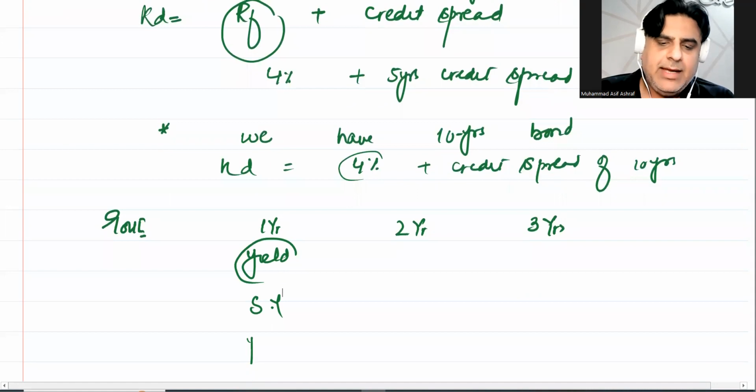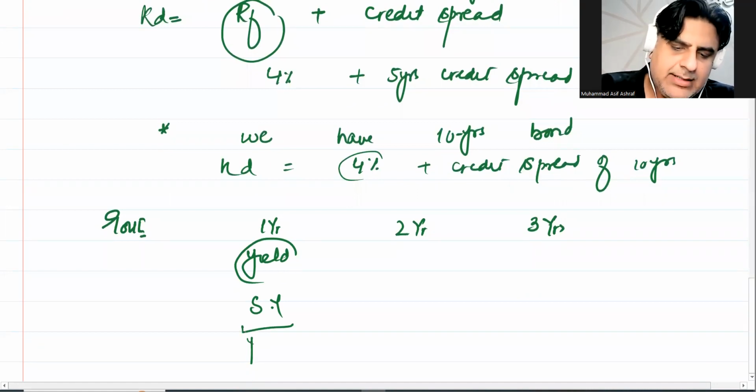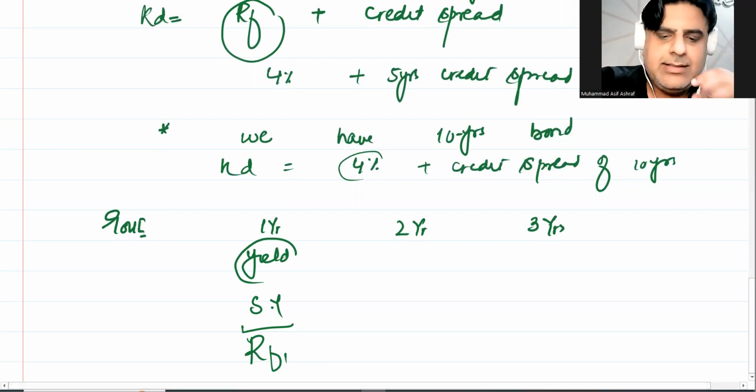This is also called RF of year one. So if we want to calculate the yield of a 1 year bond, we will be using the RF of year one. Now you got the point.